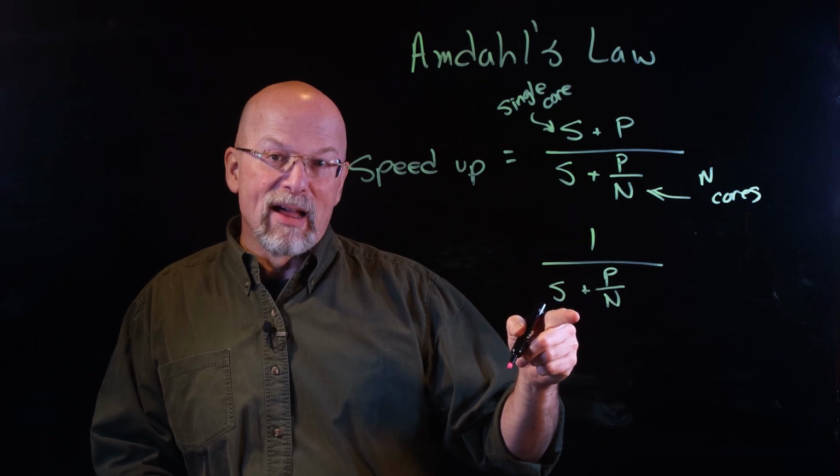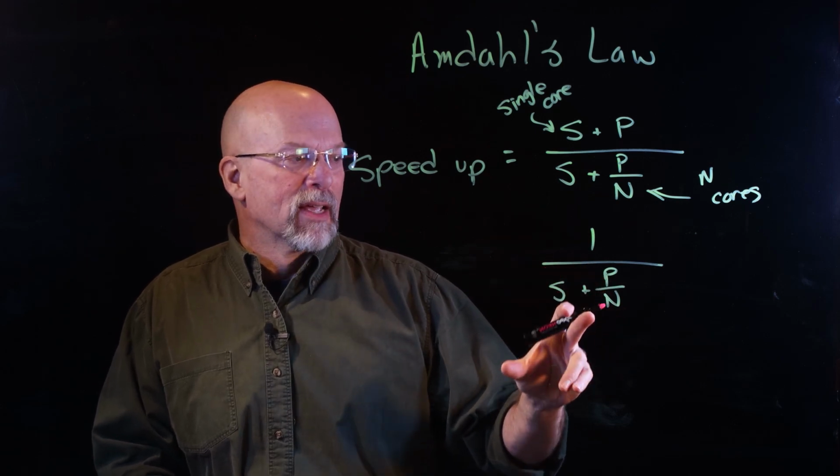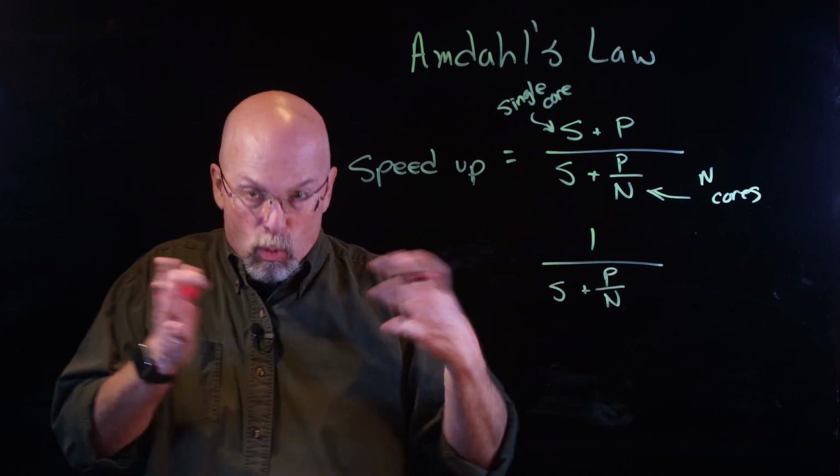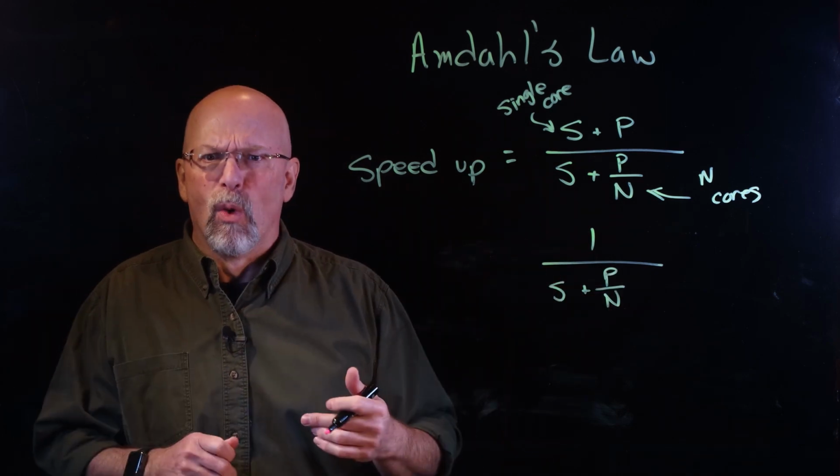If I have just one processor, just one core, then this becomes 1 over 1, and that means one core gives a speed up of 1.